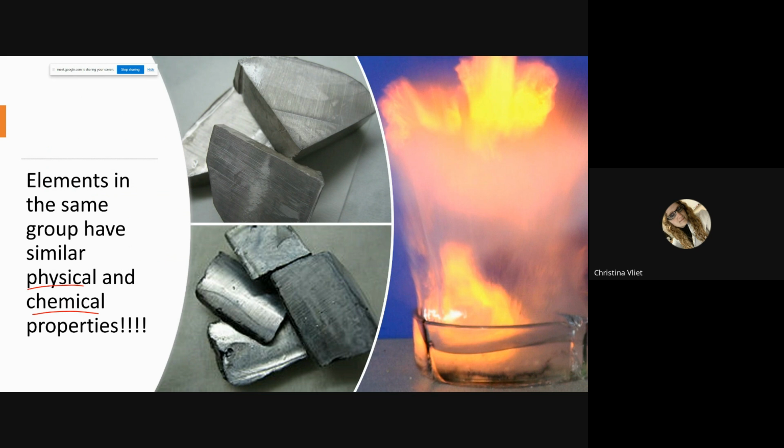And so, based on the group that an element's in, we can determine how it's going to behave, and for metals, a lot of its physical properties. So, make sure you write this down. This is where we're going to stop heading into lunch. One of the first places we're going to go when we come back is marking up your periodic table in the different groups and what they are.